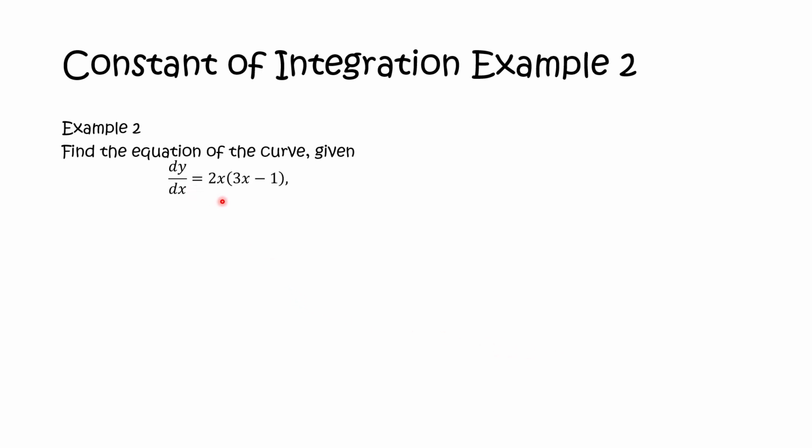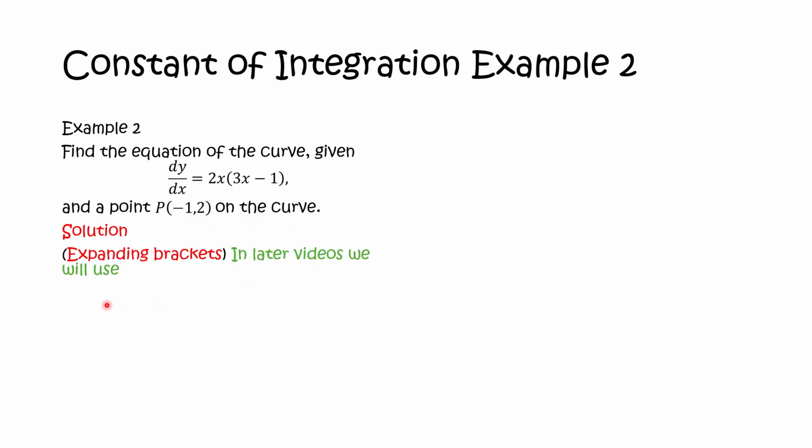Find the equation of the curve given dy dx is equal to 2x times 3x minus 1 and a point P minus 1, 2 on the curve. So the solution here. Remember, we haven't learned about the substitution method as yet. So we are going to make use of the expanding of brackets, because that is what we have at our disposal at the moment.